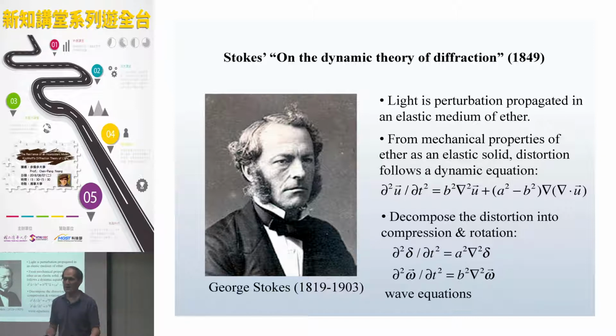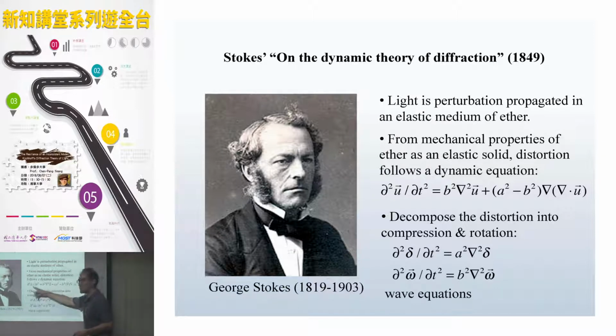But for a solid, it was very straightforward to imagine that. So that was the reason why a lot of mid-19th century physicists assumed ether to be a solid, not a liquid. But of course, you may encounter all kinds of problems, because how come this invisible, non-tangible material is a solid? So that eventually led to the demise of the ether theory. But that's another story. Okay, so these are the dynamic equations of the ether perturbations of the light wave.